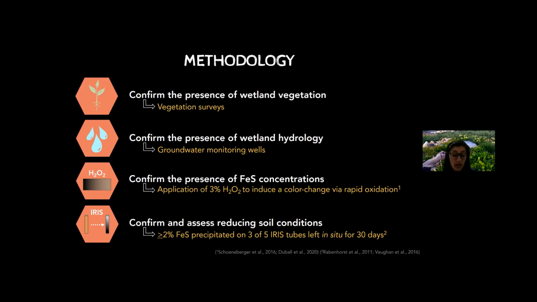The orange iron oxide coating on that tube over time, if sufficient reducing conditions are present, that orange will change. It changes to a white color, leaving behind the white color of the tube if iron is reduced. However, also on this tube, you can get black iron monosulfides that precipitate if stronger reducing conditions are present.